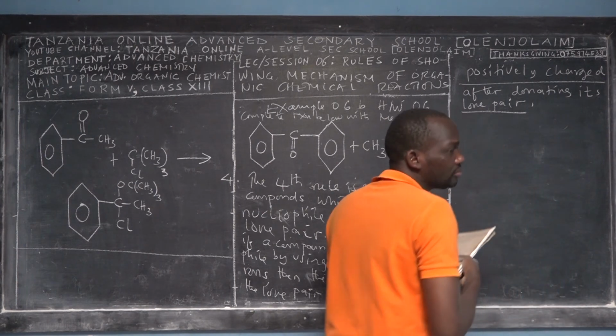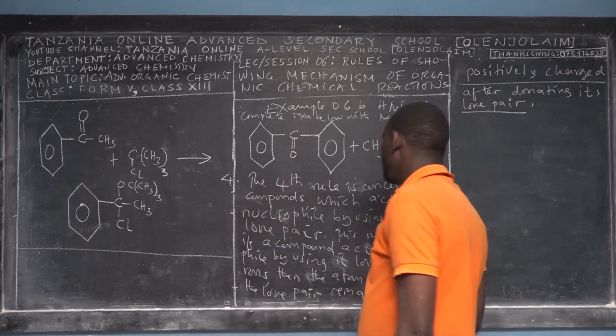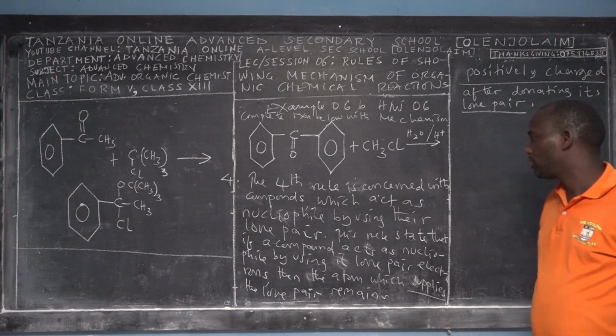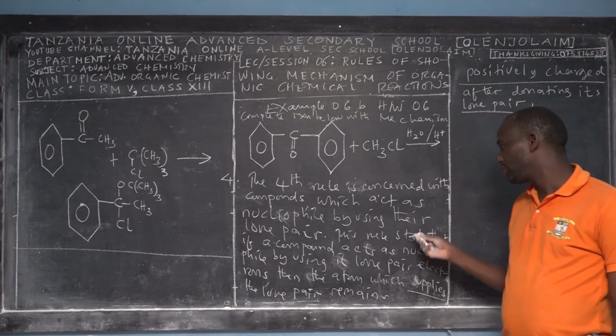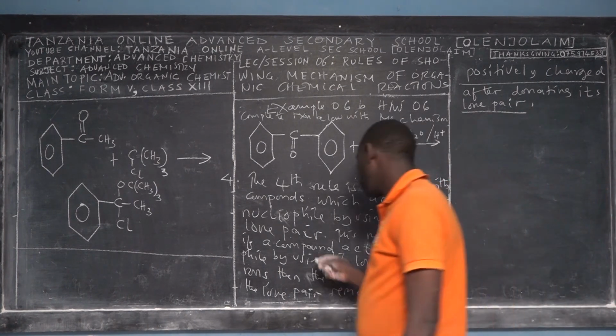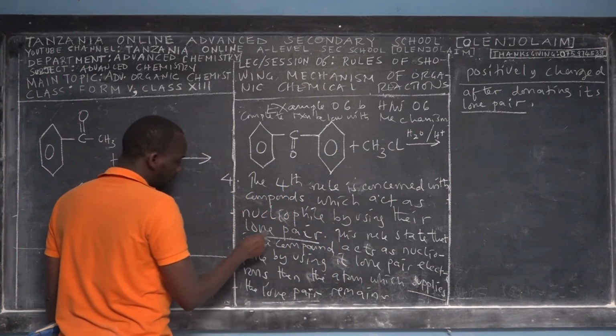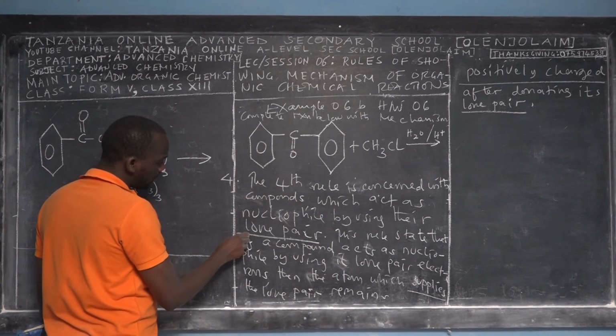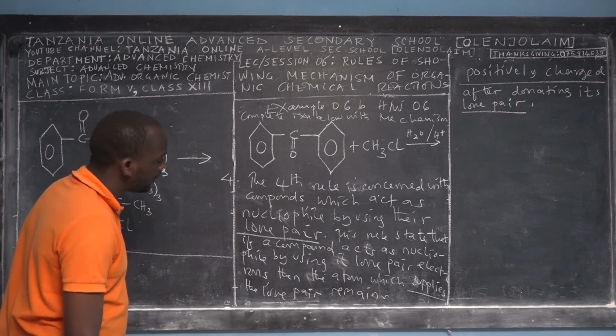That's the rule. So this first rule is concerned with compounds which act as nucleophile by using the lone pair. I told you that one type of nucleophile is compounds which contain a lone pair.